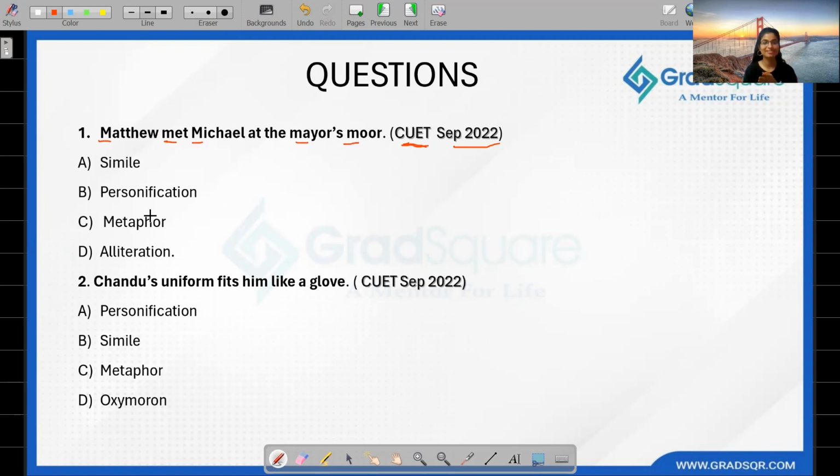What is that? Alliteration. Clear? Okay. Moving on to the second question. Chandu's uniform fits him like a glove. Keyword, like. Here uniform is compared to a glove. What is the answer? Yes, the answer is simile.